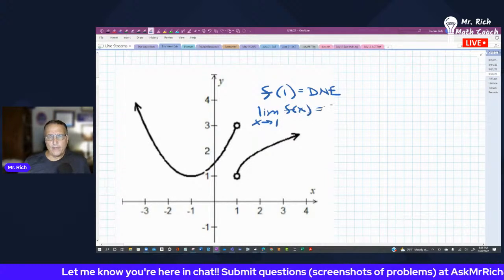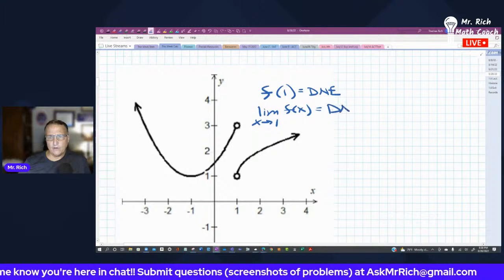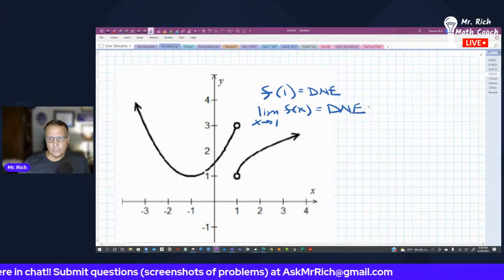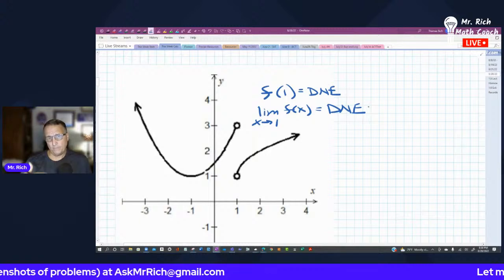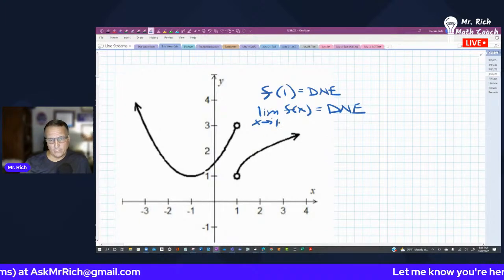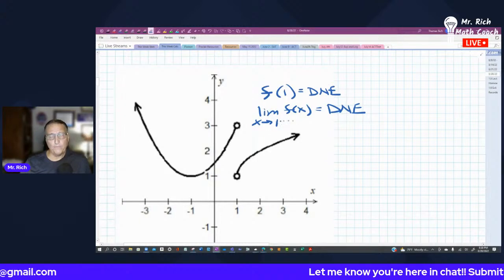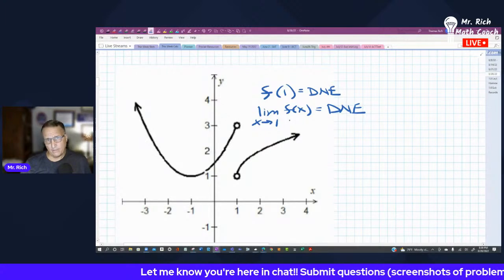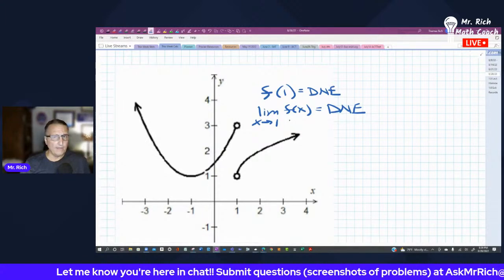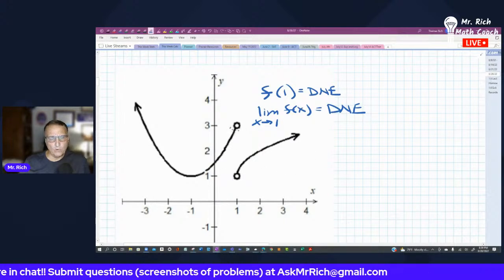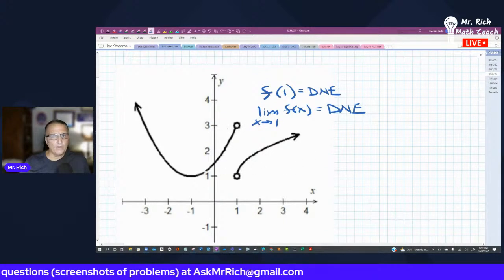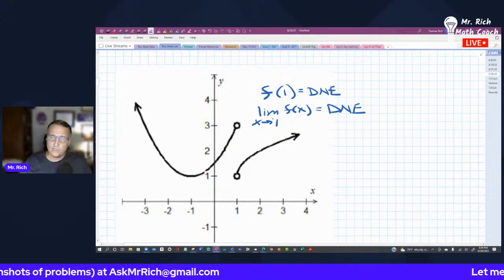Well, we would have to say that that doesn't exist either. And we know that because of the limit existence theorem, which says that a limit, which implies a two-sided limit, as x approaches a single value, is only going to exist when the right-hand limit and the left-hand limit are the same value, and that value is a real number. In this case, we can see that the right-hand limit is 1, the left-hand limit is 3. Therefore, the limit overall as x goes to 1 does not exist.